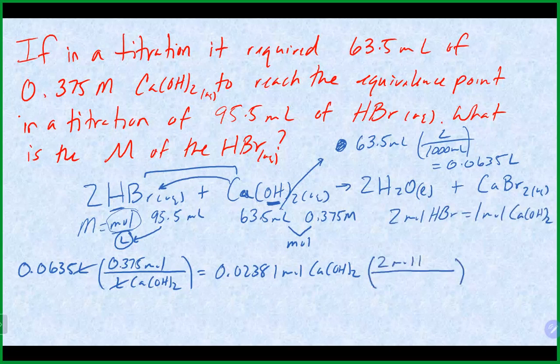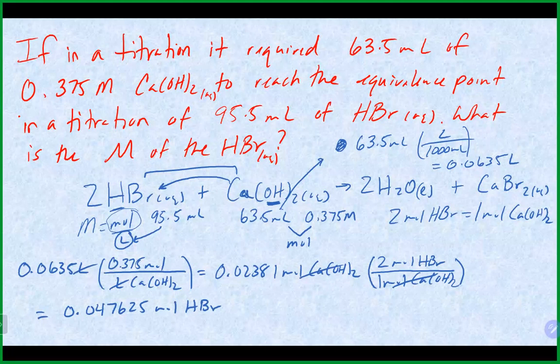So 2 moles of the HBr up on top, the 1 mole of calcium hydroxide on the bottom so that they cancel. Going to now give us, looks like, times 2, 0.047625 moles of hydrobromic acid. Any questions up to there?